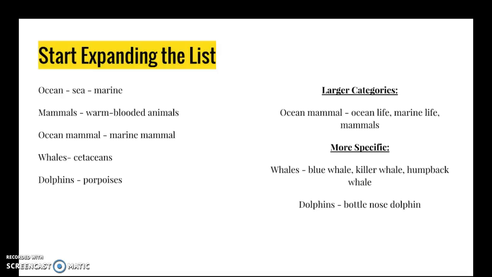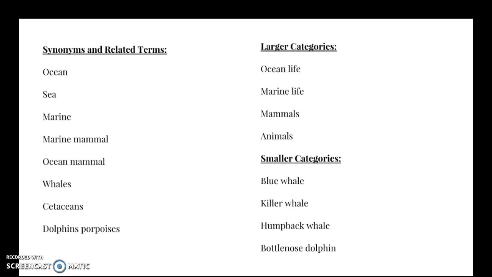Larger categories, ocean mammal, ocean life, marine life, mammals. More specific, whales, blue whales, killer whales, humpback whales. You can go on and on and on with the whales, and then dolphins. And then I did a list of synonyms and related terms: ocean, sea, marine, mammal, ocean mammal, and then again my larger categories: ocean life, marine life, mammals, animals. Smaller categories: blue whale, killer whale, humpback whale, bottlenose dolphin.